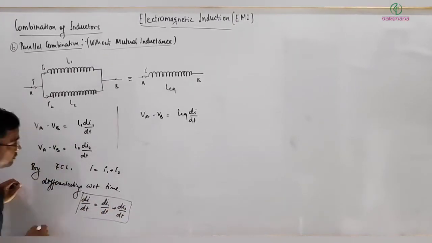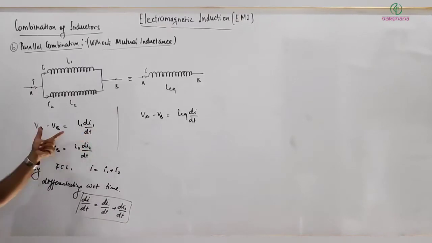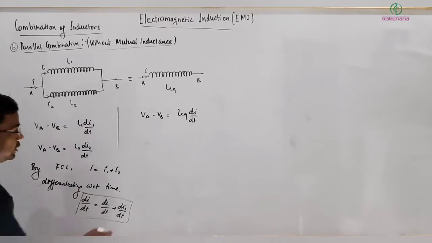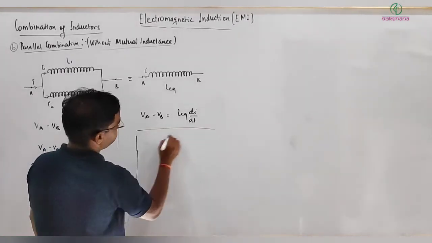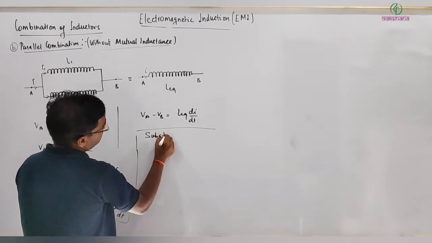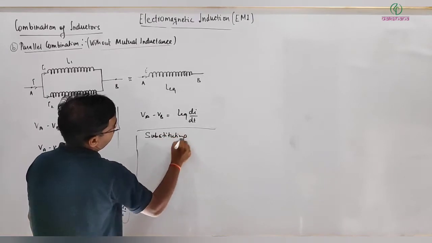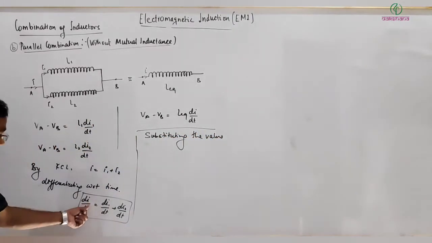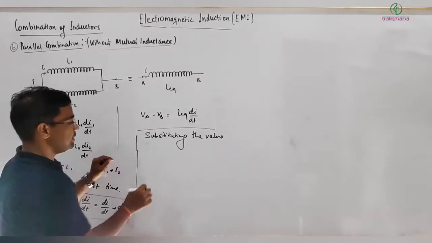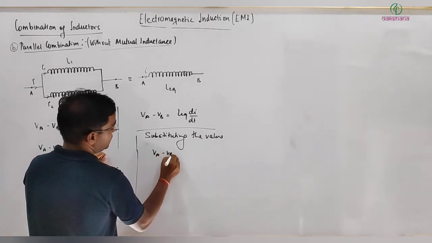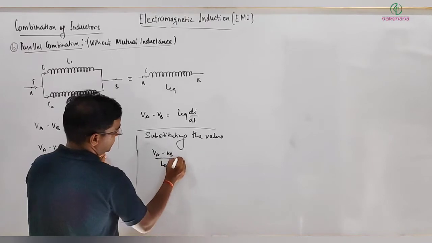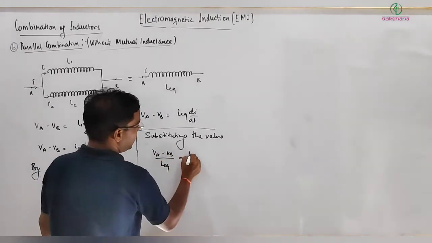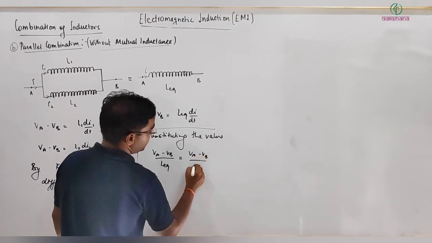Now if I substitute, di1 by dt is delta V by L1, di2 by dt is delta V by L2, and so on. So di by dt is VA minus VB by L equivalent, and di1 by dt is VA minus VB divided by L1.